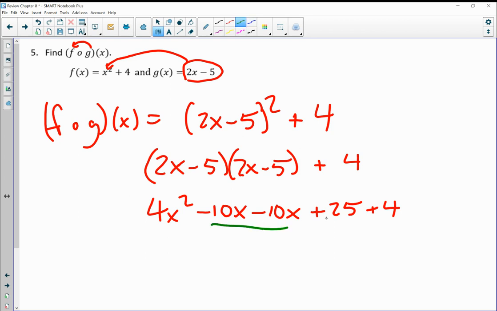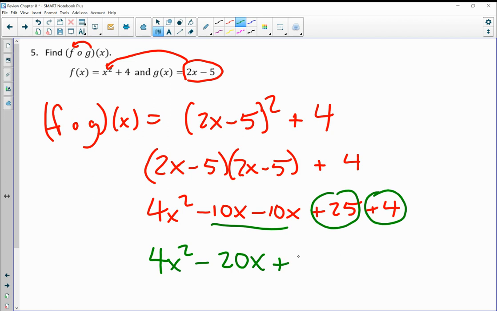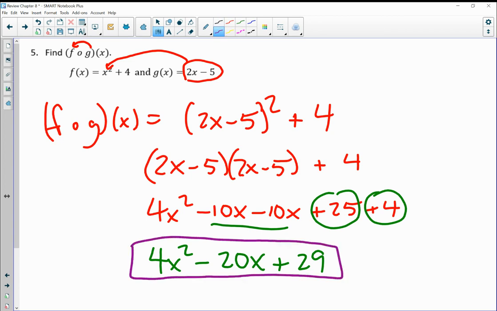Okay, combine like terms. So we have 4x squared minus 20x. And then we have the plus 25 and the plus 4, so plus 29. And that's it. Very straightforward. Just be careful when you're expanding and then combining like terms.